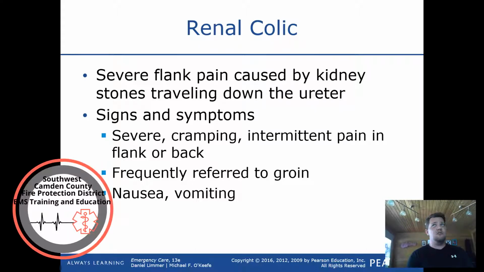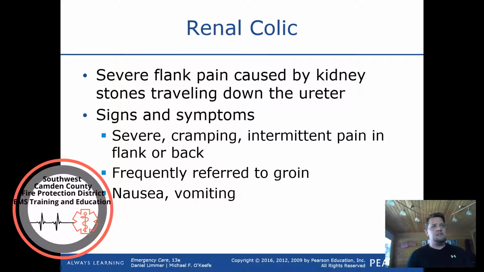Depending on where it is, they will describe this pain as a traveling pain. And when you ask them, did it go from the back to the front? And they say yes, then you're probably 99% sure that it's a kidney stone.